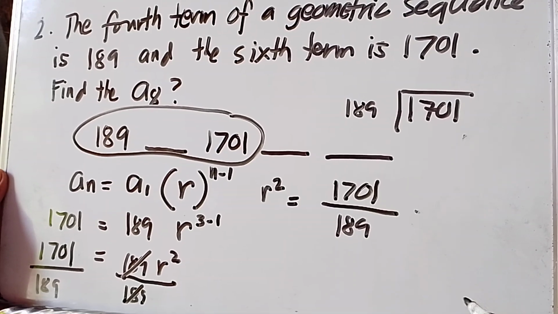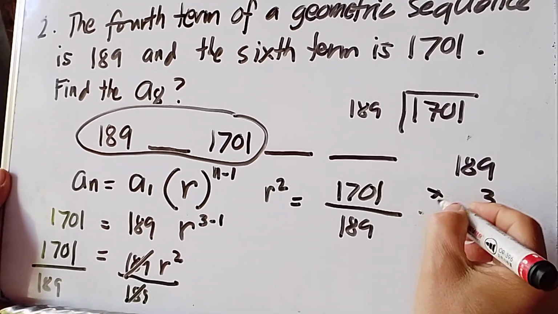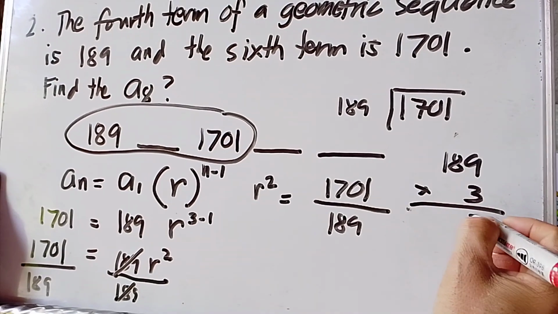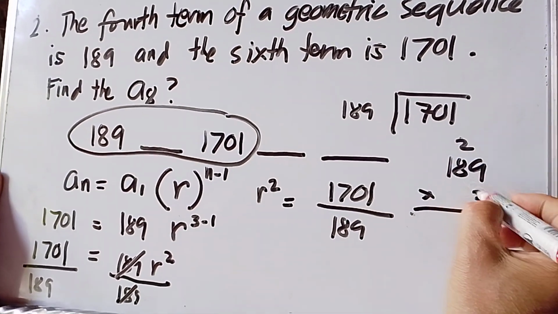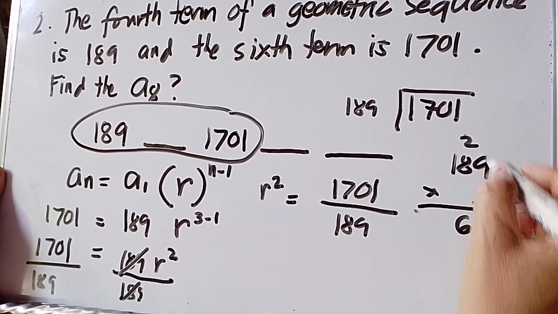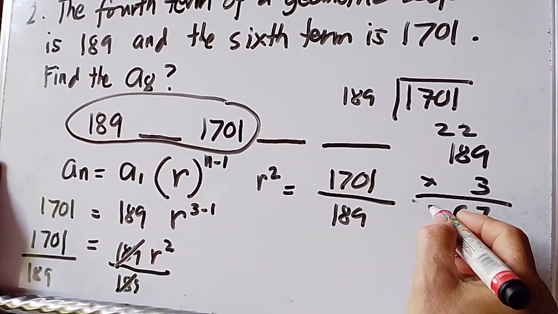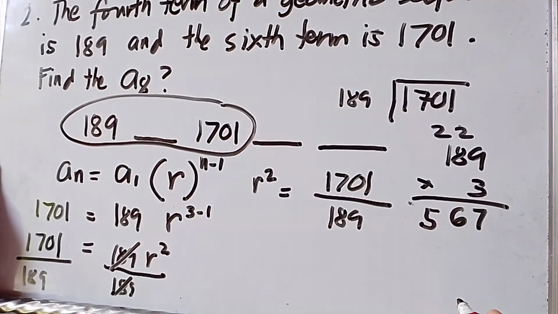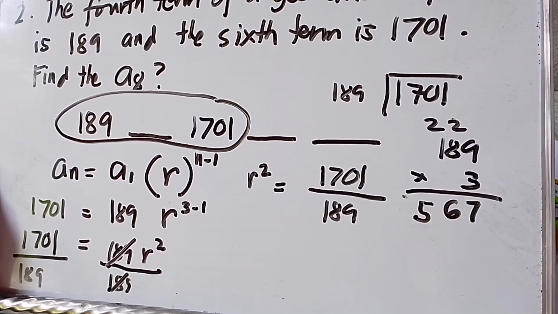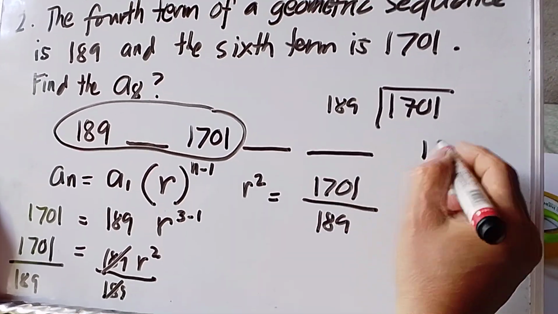Let us try 189 times 3: 9 times 3 is 27, carry 2. 8 times 3 is 24, plus 2, 26, carry 2. 1 times 3 is 3, plus 2 is 5. So we're still far. Let's estimate higher than 3.